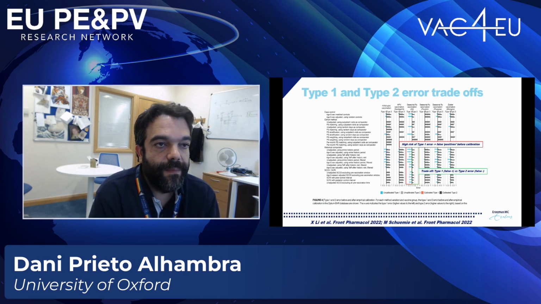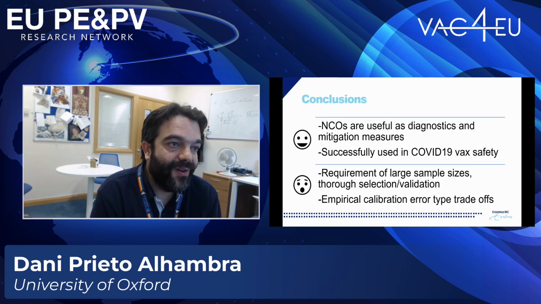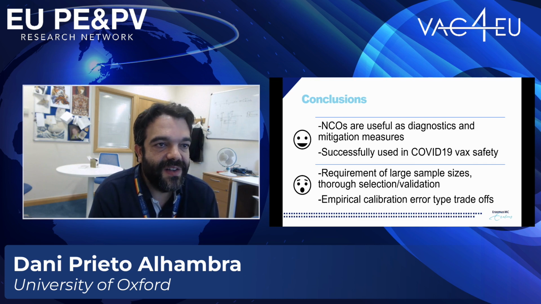And I will finish with my last slide, if I still have time, just to say, these are my own conclusions, of course, to be challenged with the discussion. Negative control outcomes are useful as diagnostics as well as mitigation measures for residual confounding.